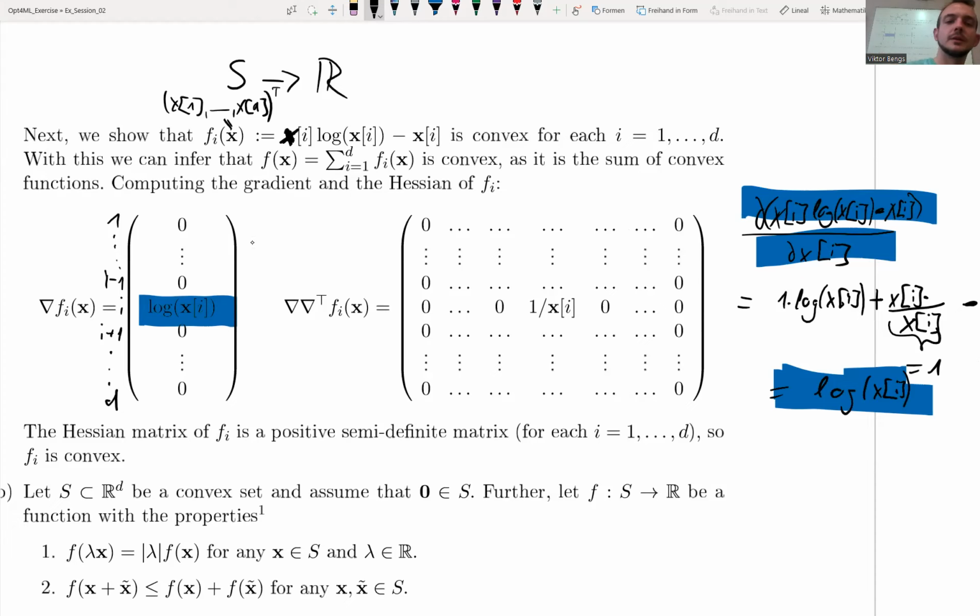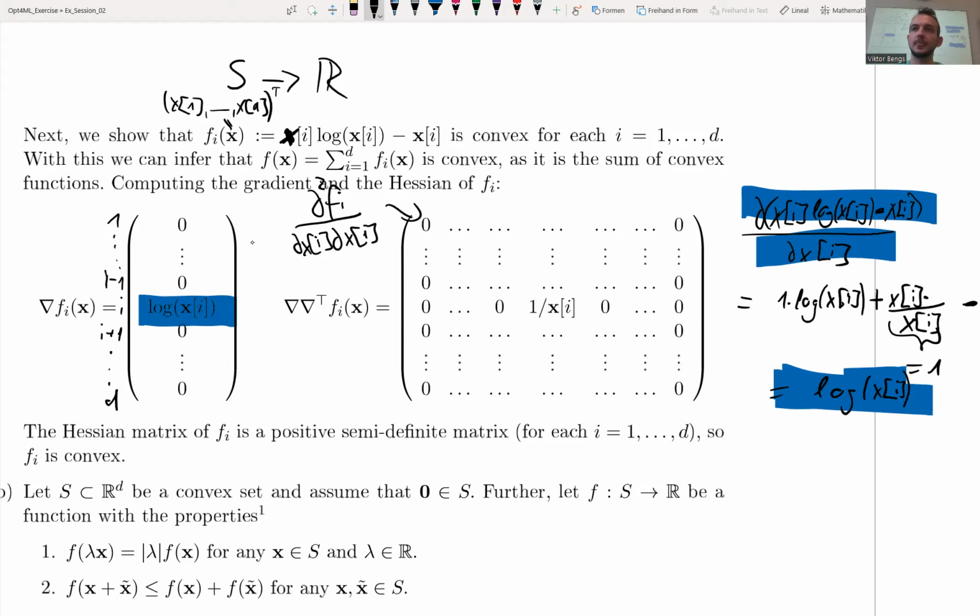So what we have here is this entry is the derivative of fi, second one, where we have first taken the derivative with respect to x1, which is 0, and then we have, it's 0, because here you have a 0.